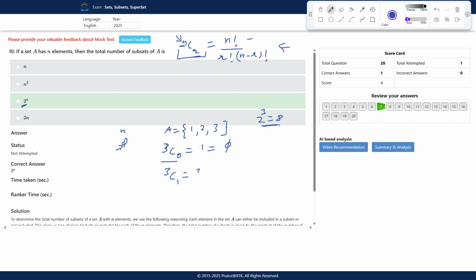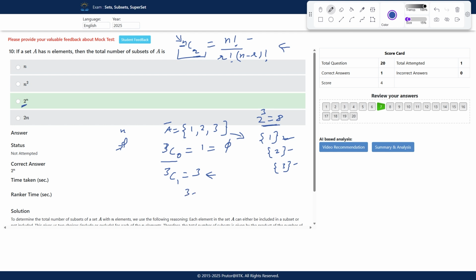Simple, 3 ways. Clear? And what are those? Very simple. You can choose 1, you can choose 2, and you can choose 3. So you have just 3, and these are the subsets of this set A with only 1 element in it. So you have 3 subsets having exactly 1 element.